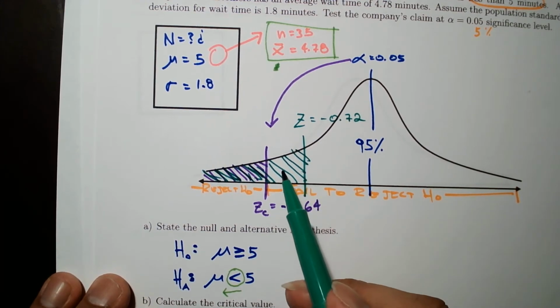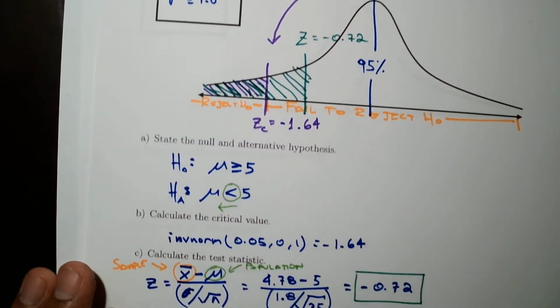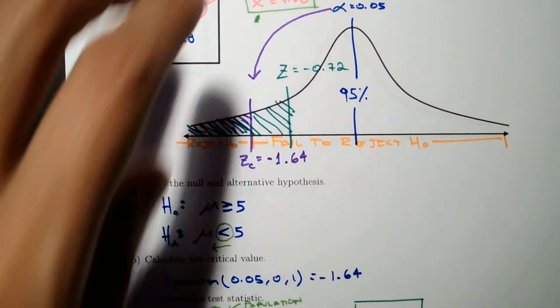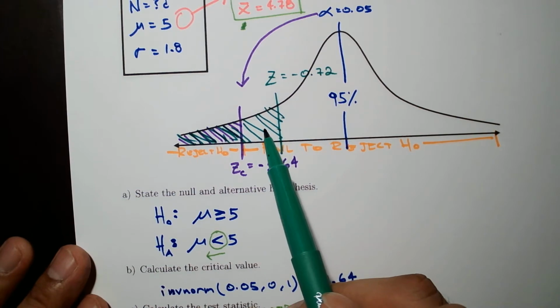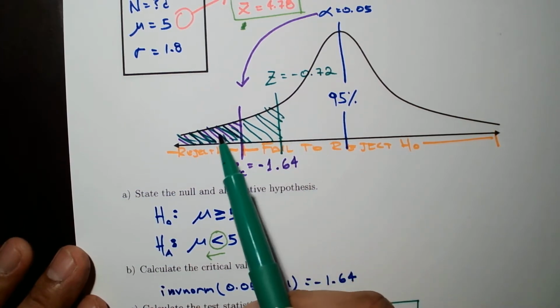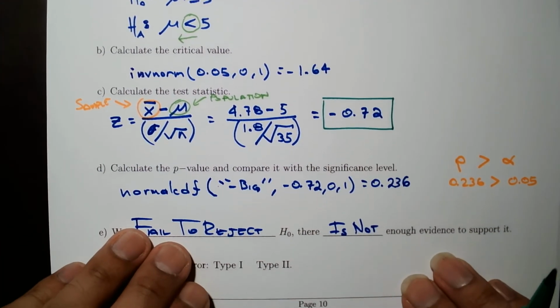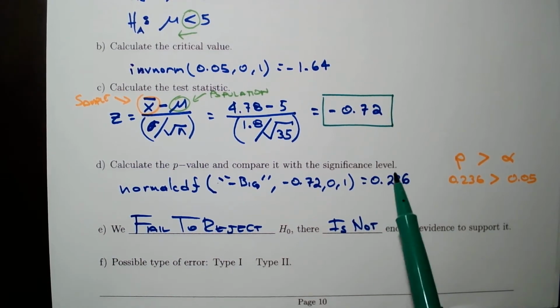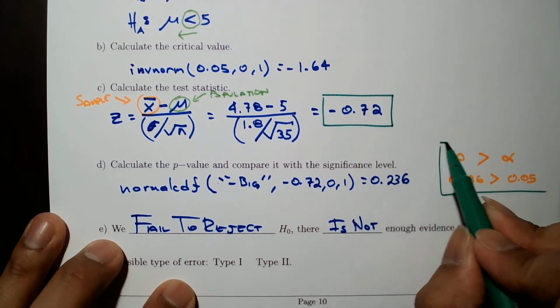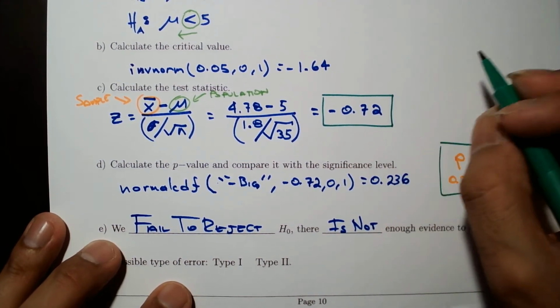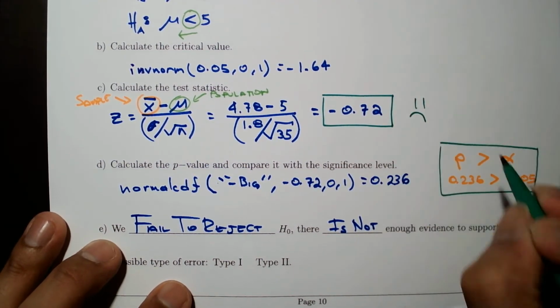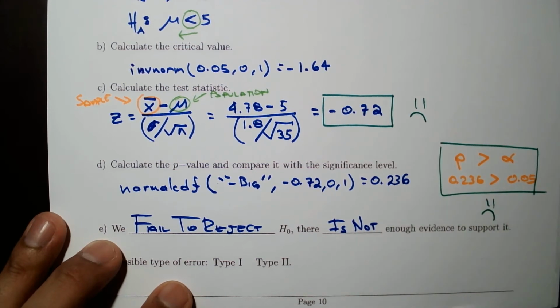Because this area is bigger, that means the probability of failing to reject the null hypothesis is bigger than otherwise. So that's how we do this using the p-value method. In this case, fail to reject, and you should get fail to reject.